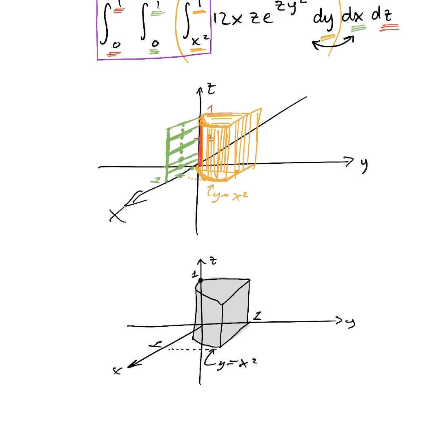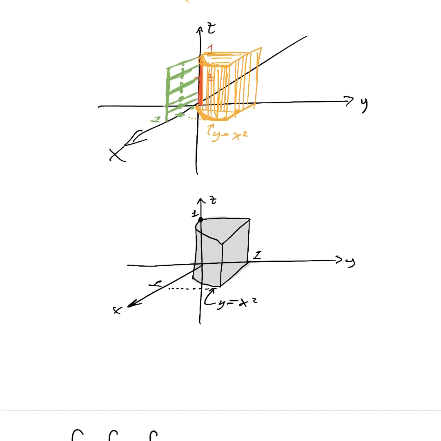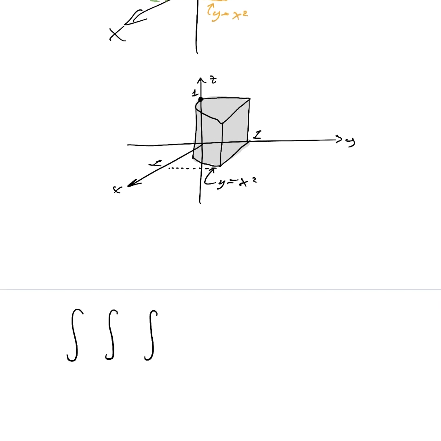The function is 12xz e to the zy squared. And we are shooting for dx first, then dy, then dz.